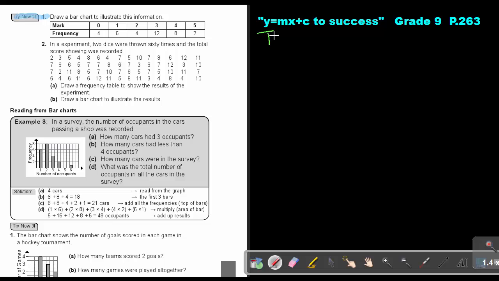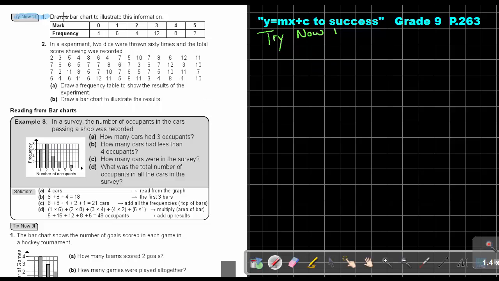Let's start. Try now 1. Draw a bar chart to illustrate this information. I'm going to do it on block paper. Start first by drawing a vertical line, as well as a horizontal line.